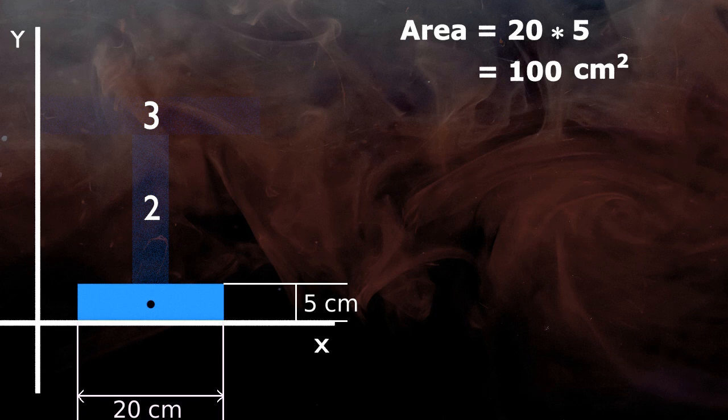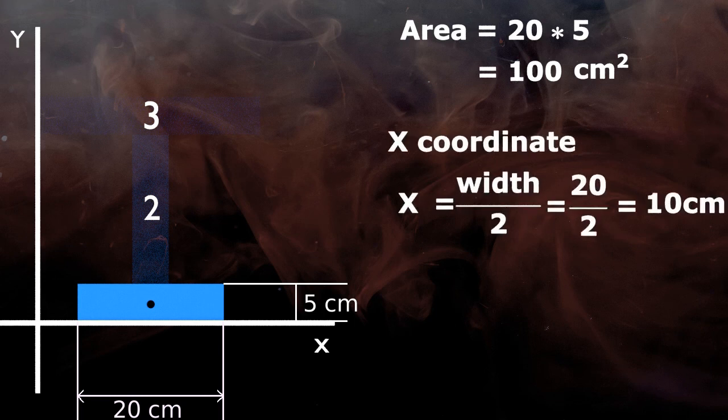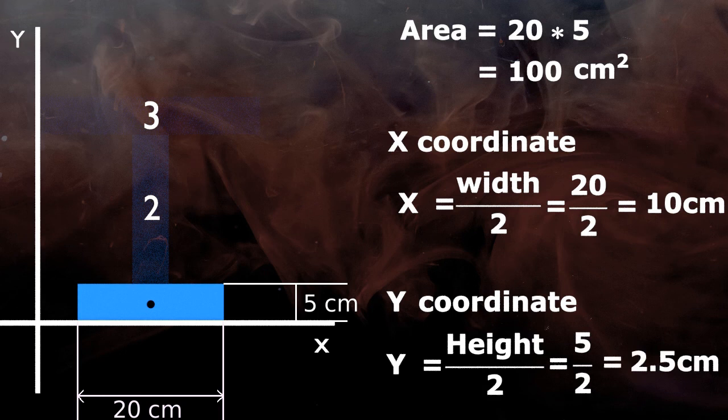Anyways, so now as we know coordinates of rectangle are width by 2 and height by 2, x coordinate of rectangle 1 is distance in x direction, which is 20 divided by 2, that is 10 centimeter, and y coordinate is distance in y direction, which is 5 divided by 2, that is 2.5 centimeter.